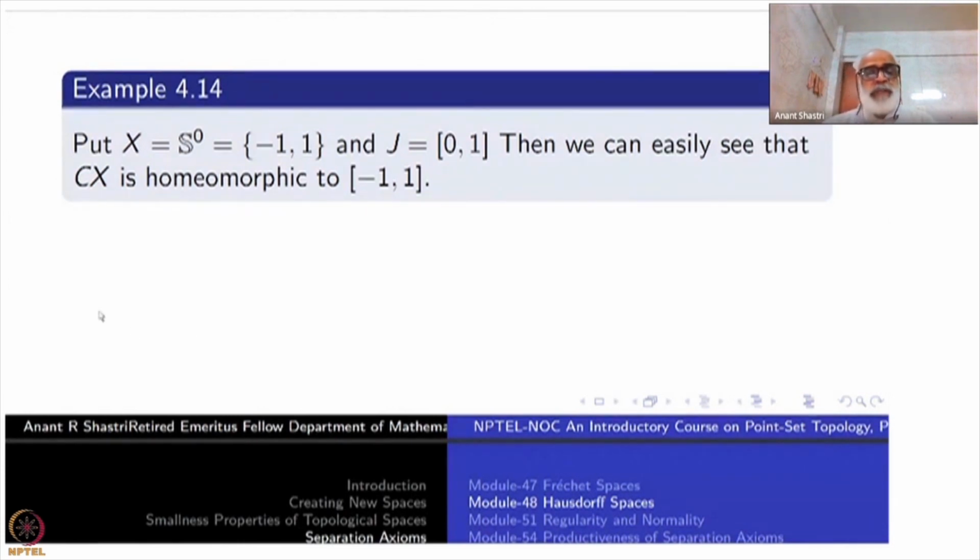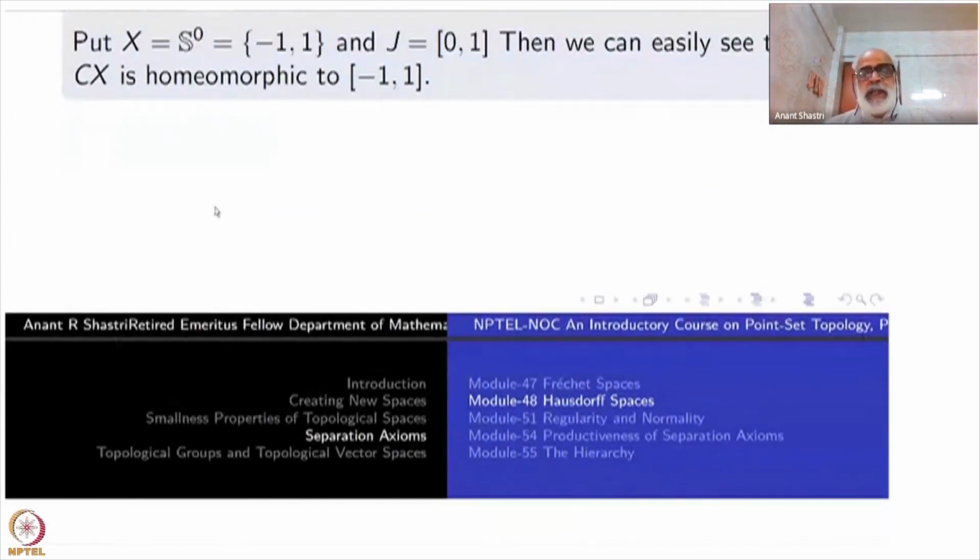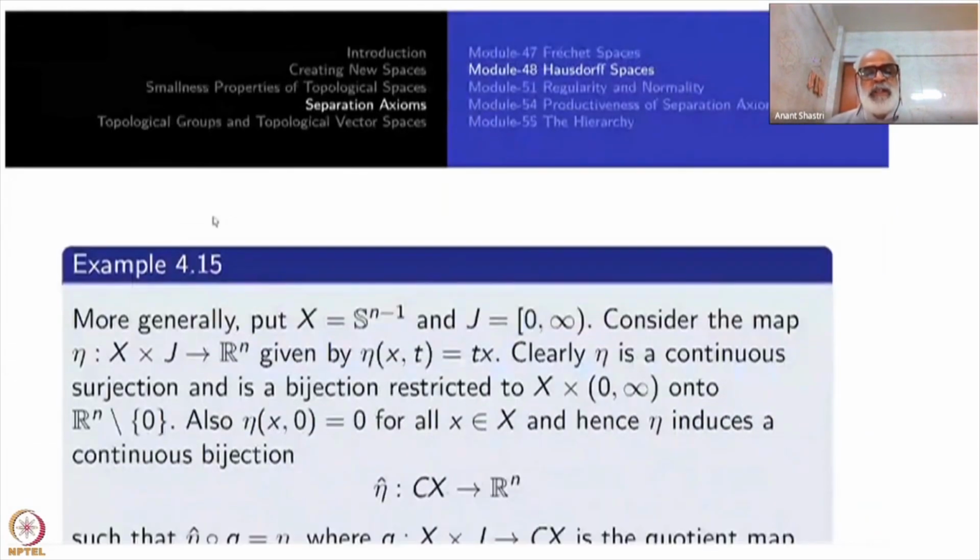So that point I will explain a little more clearly and in more generality for all n. So more generally, put X equal to S^(n-1). For n equal to 2, this will be just the circle, but I am now considering the general case together. N equal to 1 is over. And J equal to [0, infinity). Instead of the closed interval, I take 0 to infinity.